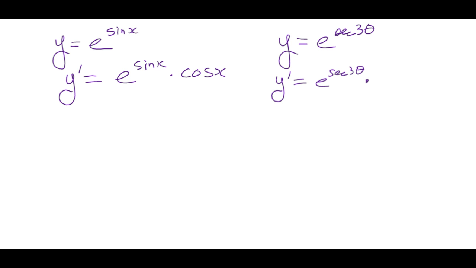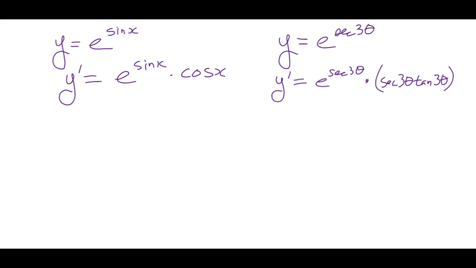So the derivative of secant x is sec x tan x. So it's times sec, now in this case, x is 3 theta. So now we're doing secant 3 theta. The outer function is secant, the inner function is 3 theta. So the derivative of the outer function is sec 3 theta tan 3 theta.